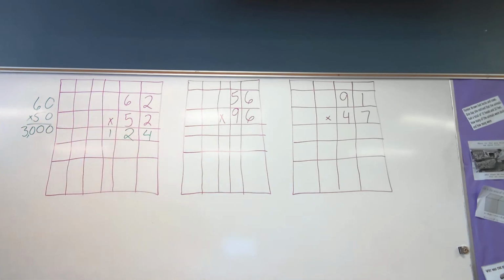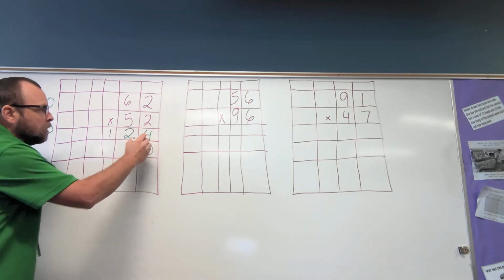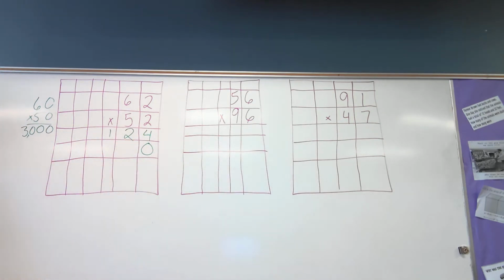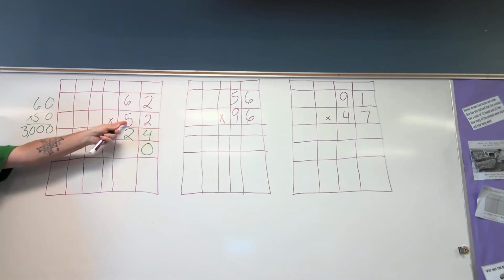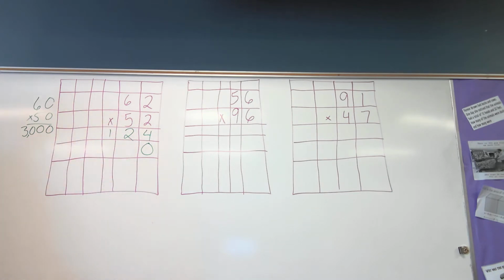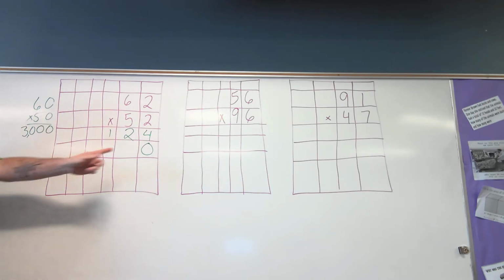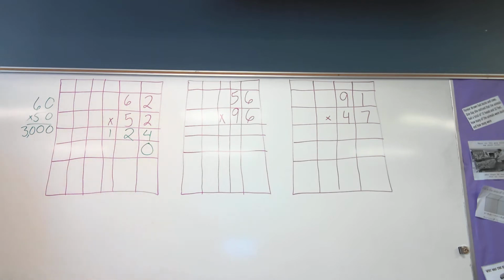Now the 5 is in the 10s place. The reason I put the 0 here is because the 5 is in the 10s place. So I'm starting with 5 10s. I don't use a little nursery rhyme that says, and then you bring the 0 down. The reason behind the 0 is because the 5 is in the 10s place.